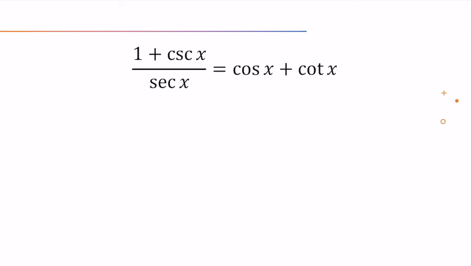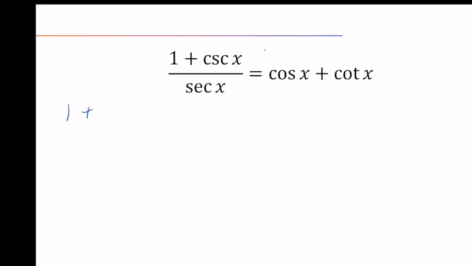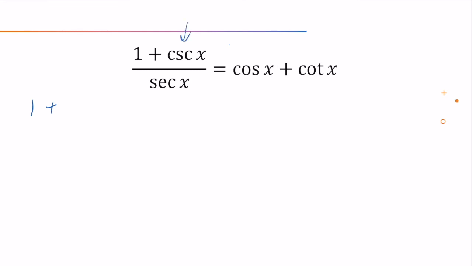In this next example, I have 1 plus cosecant x over secant x equals cosecant x plus cotangent x. Why don't we go ahead and rewrite these in terms of sine? So I have 1 plus cosecant x, well that's 1 over sine x, over secant x, which is 1 over cosine x.